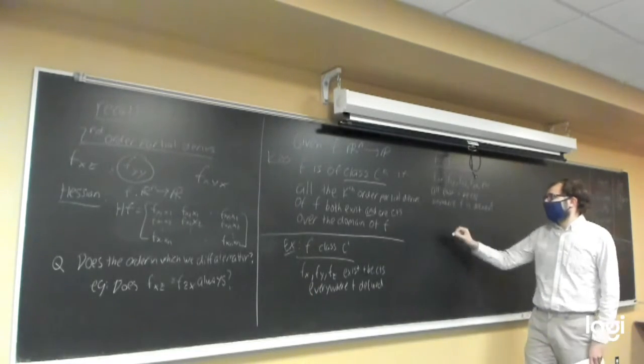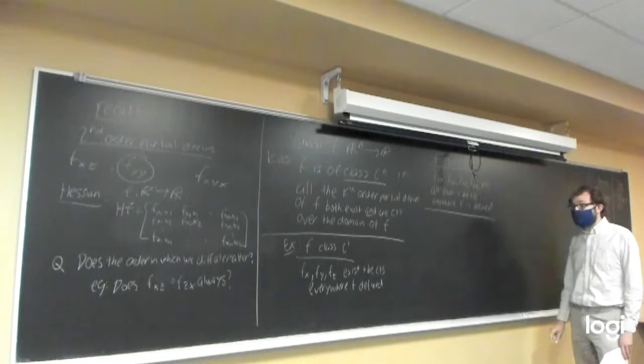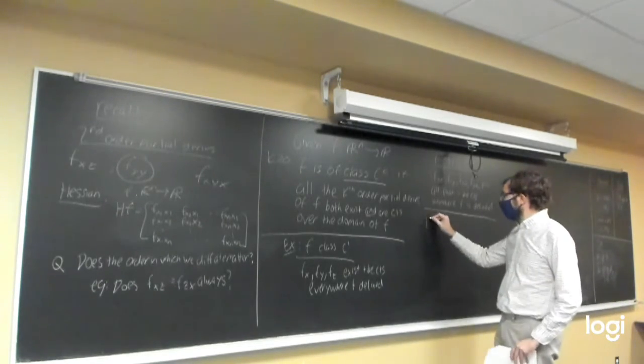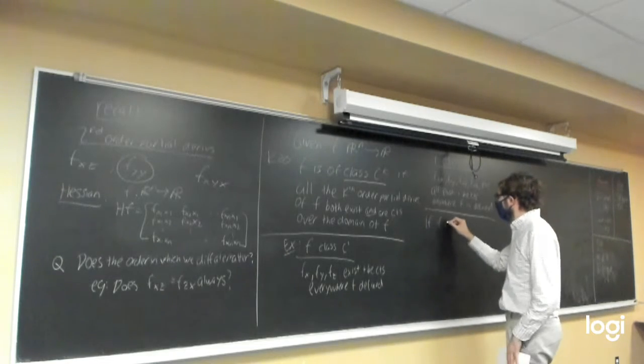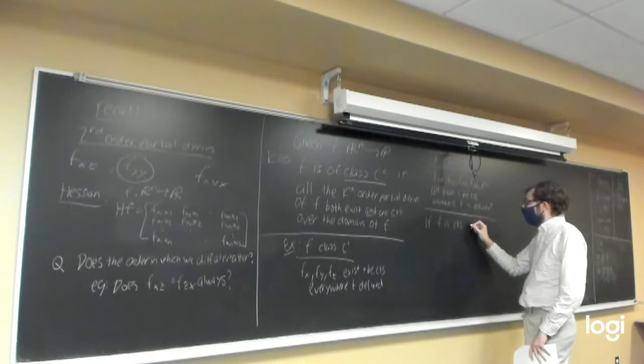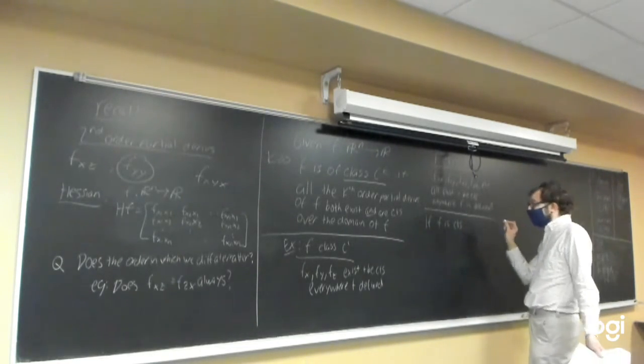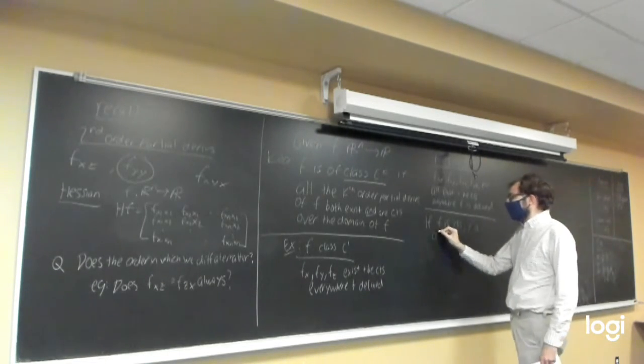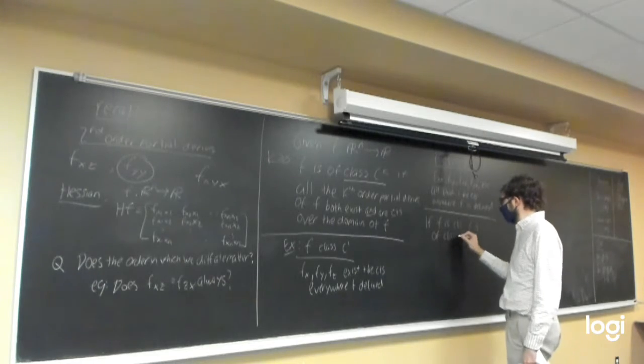We also are going to have a notion of C0 and C infinity, where we can say that if f is continuous everywhere it's defined, if f is a continuous function, then f is said to be of class C0.